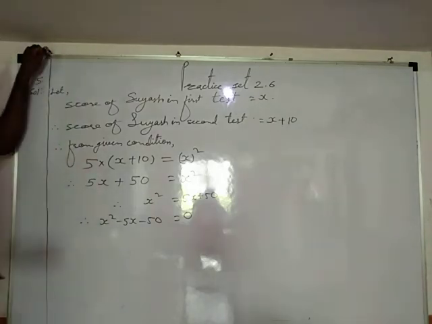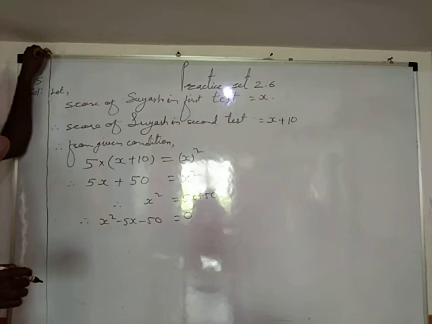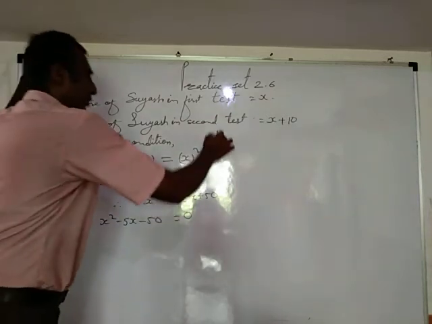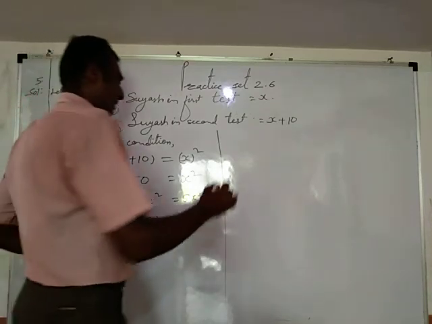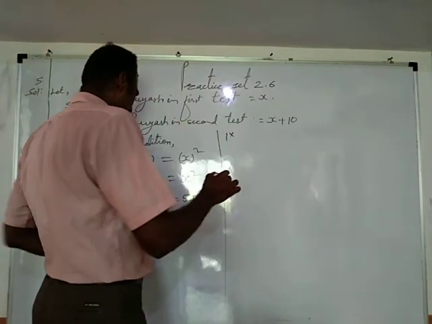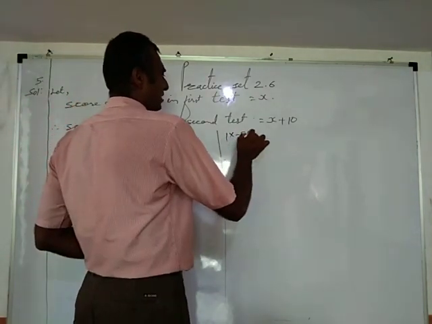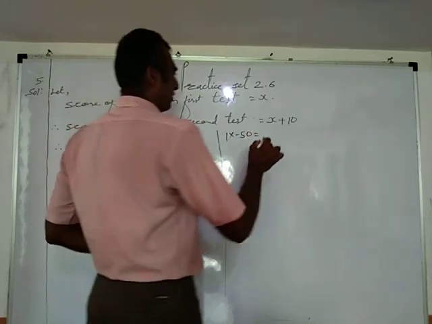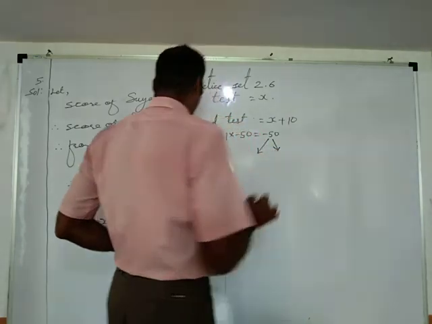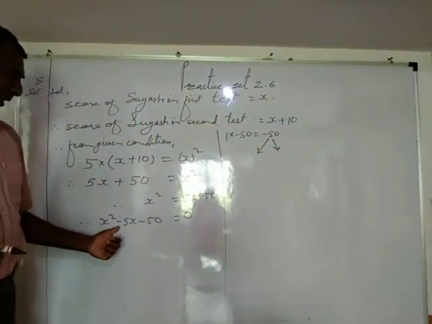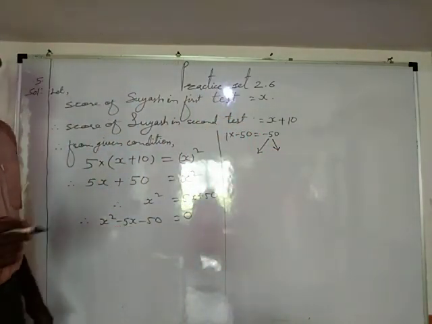It is a quadratic equation in the form of x square plus bx plus c equal to 0. And now let's split the product of a into c in the way of p into q such that p plus q equal to b. Here the coefficient of the quadratic term is 1, the constant term is minus 50. 1 into minus 50 gives us minus 50, and minus 50 should be factorized such that their addition will be minus 5.